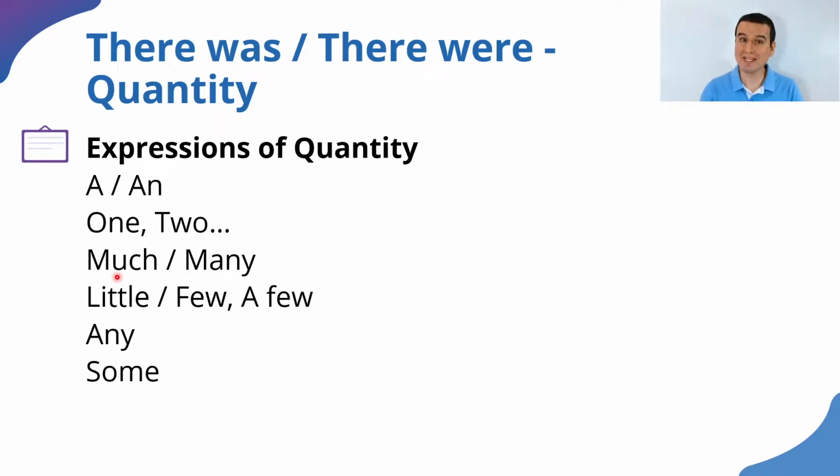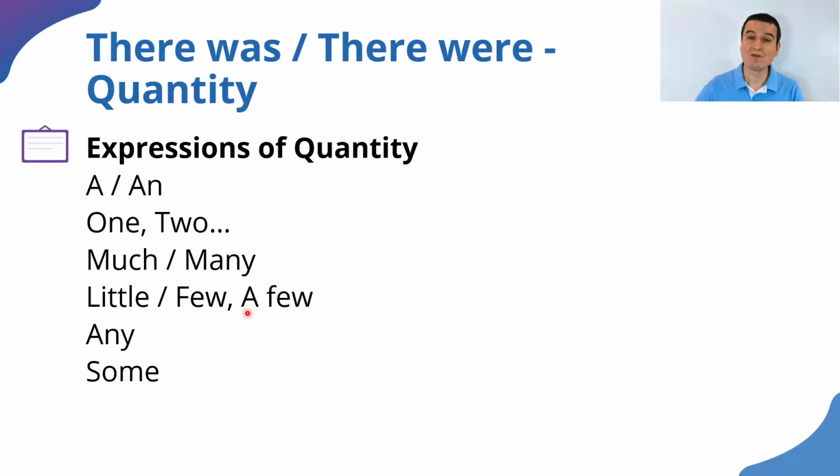We can use many when we are able to express some quantity that refers to something plural, like many friends, many people, many computers, many pencils, etc. So after many, we have nouns that are plural. When we are not talking about a large quantity, but a small one, we can use little for singular nouns and few or a few for plural nouns.